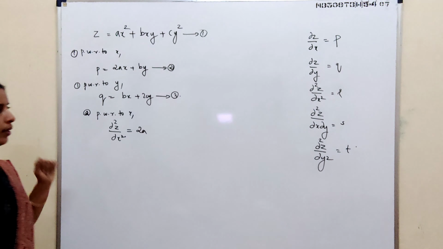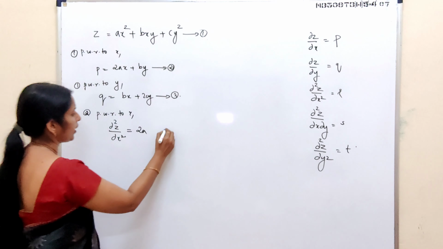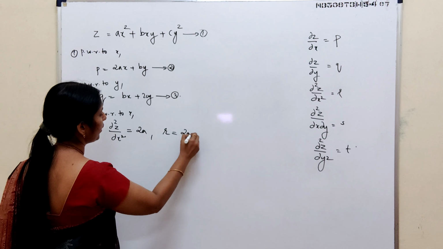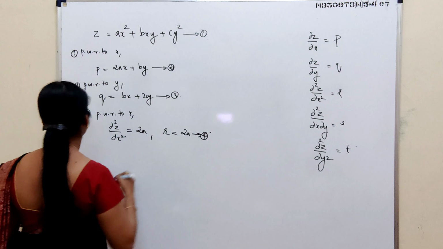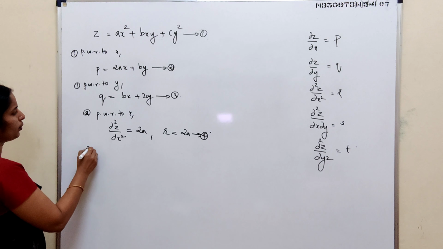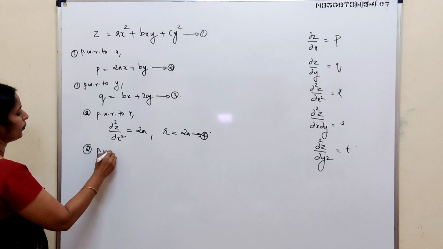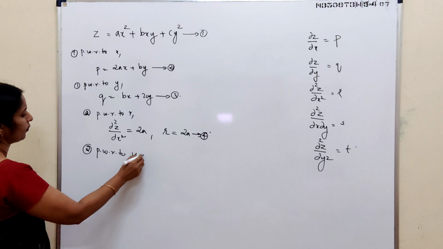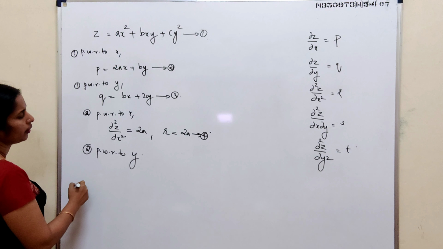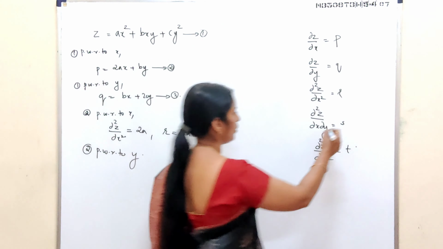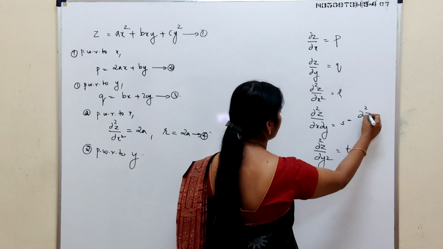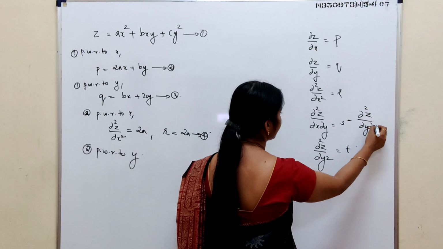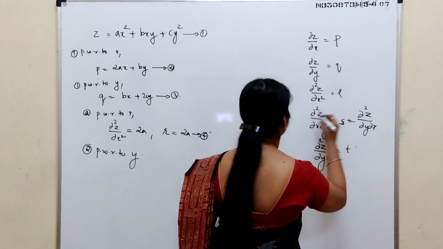So ∂²z/∂x² is r. That is, r is equal to 2a. Equation number 4. Next, differentiate 2 partially with respect to y. We have, see, this is also the same as ∂²z/∂y∂x. Both derivatives are the same.